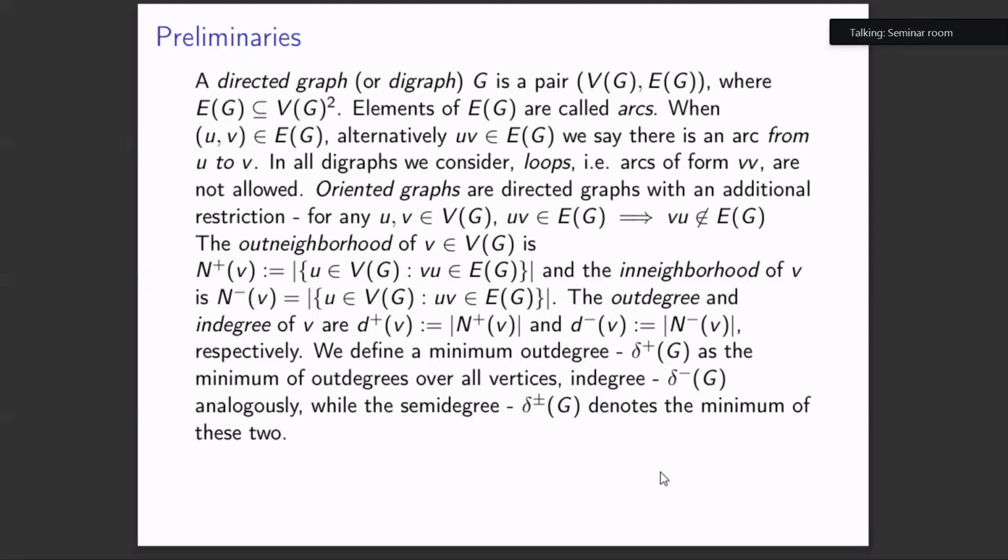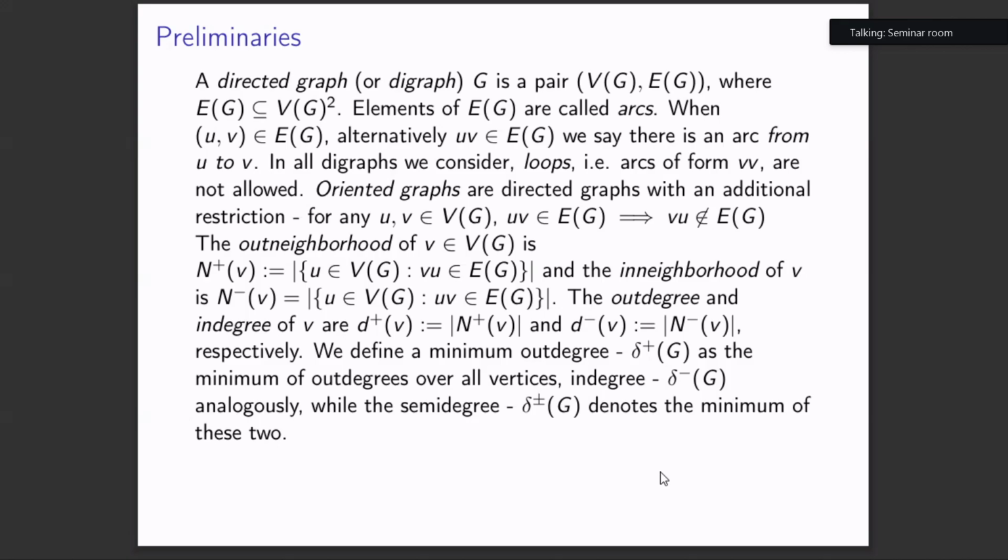Similarly, the in neighborhood is analogously defined, with in degree as well. An in neighborhood is a set of vertices V such that there is an edge from V to U. The minimum Outdegree is simply the minimum of all these sizes of out neighborhoods.